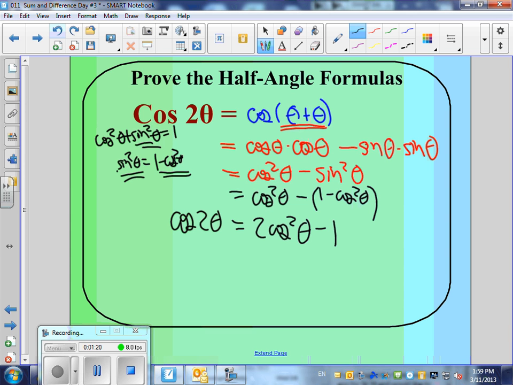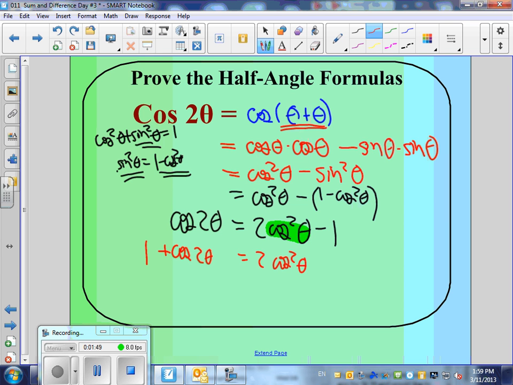Now what we're going to do today is something brand new. We're going to take this cosine in here to the first power, and solve for that in terms of cosine 2 theta. So what would we do first algebraically to solve for the cosine? Add 1. So cosine 2 theta plus 1 will be equal to 2 cosine squared theta.